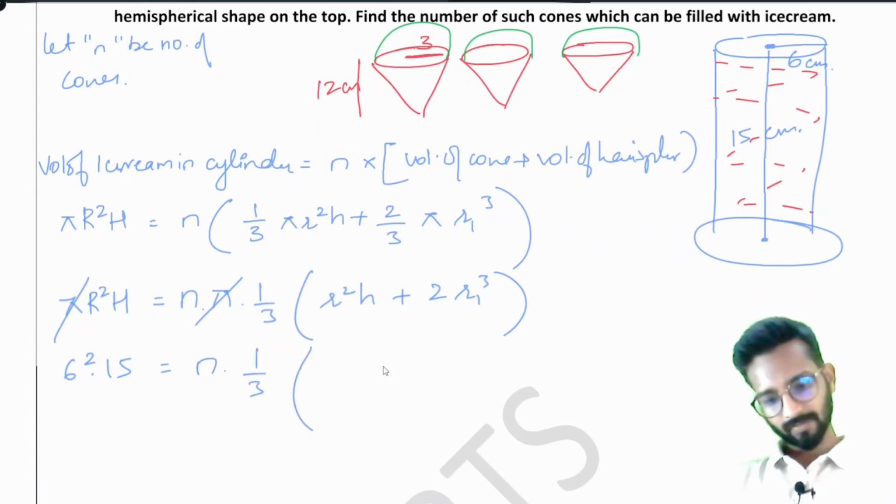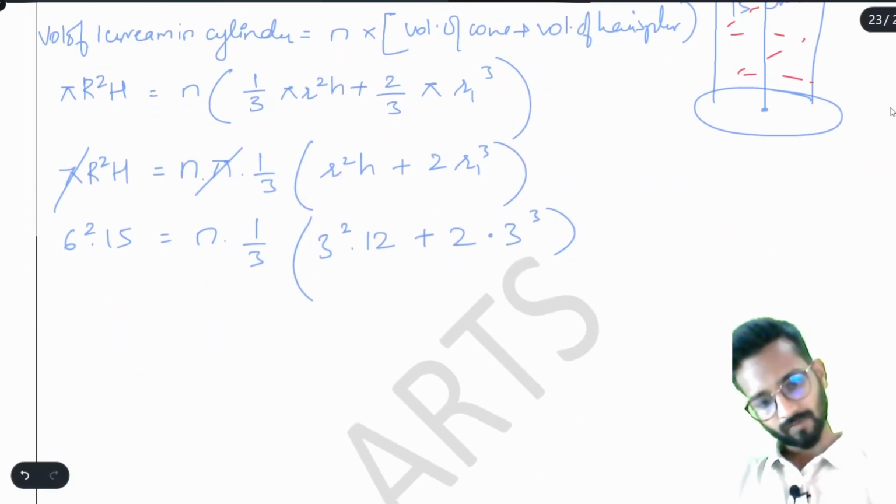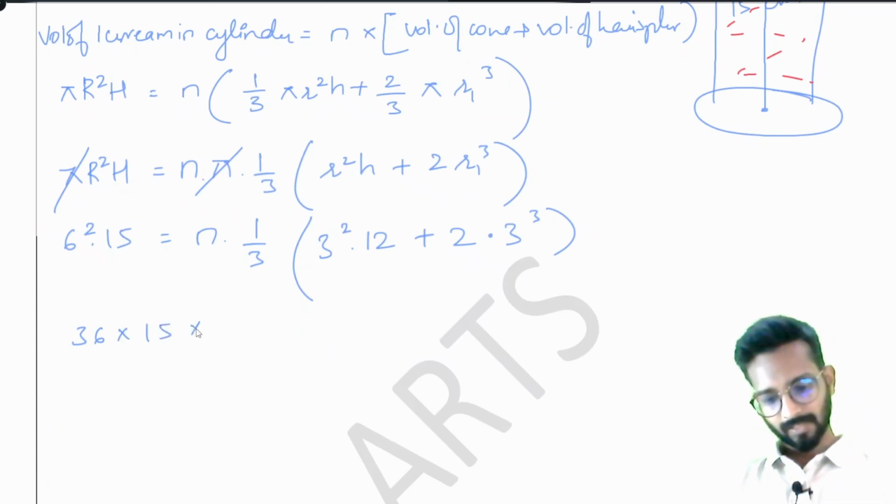R square h here, for the volume of the cone radius is 3, so 3 square, height is 12, plus 2, radius of hemisphere is also 3, 2 into 3 cube. Solving this, 6 6s are 36, multiply 15, multiply 3. Which 3? This 3 has gone this side.